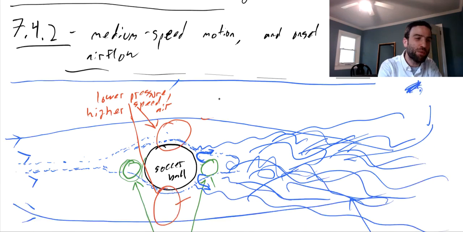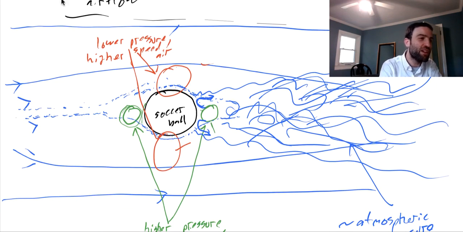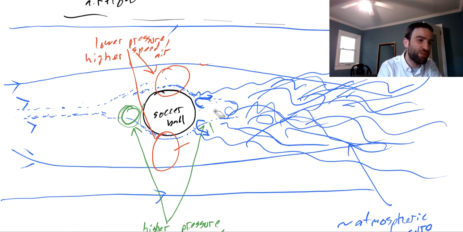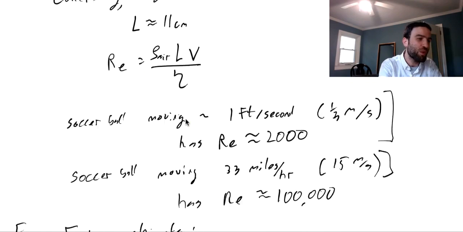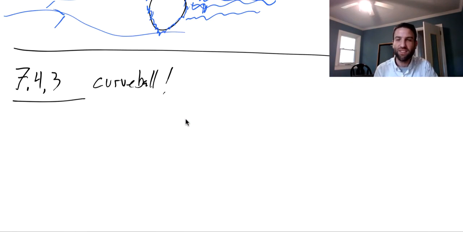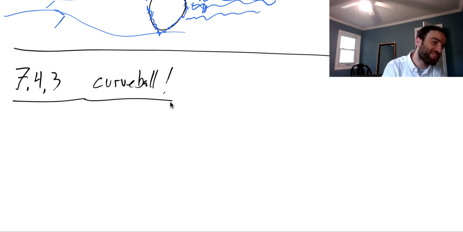At medium and higher speeds, there start to be unbalanced forces due to pressure, because there's equal pressure at the top and bottom and sides, but there's an unbalanced high pressure region in front of the ball that's not balanced by a high pressure region behind the ball. That leads to this pressure drag. Well, how can we arrange things so that now there's asymmetries not just in front and in back, but also around the sides and the top and bottom? Okay. So that'll be the subject of this little section.